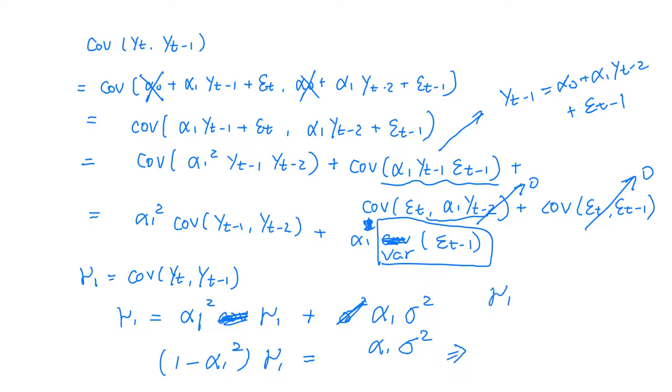So what is gamma 1, the covariance between yt and yt minus 1? That will equal alpha 1 times the variance of epsilon over 1 minus alpha 1 squared. Okay, so this will be my answer for the AR1 process.